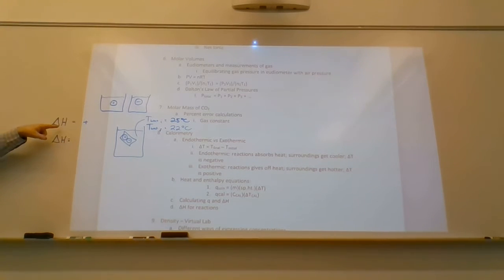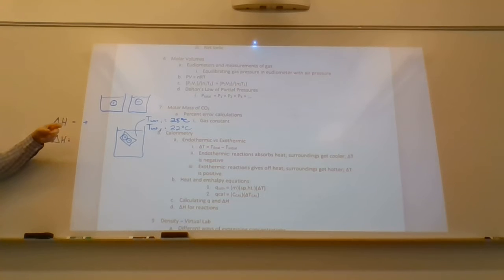When we say here that delta H is positive, aka it's endothermic, what does that mean? It means that the sign is positive. And what does that mean with regard to what's going on? The system is gaining heat.